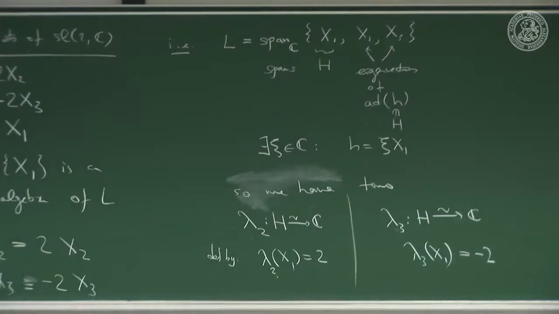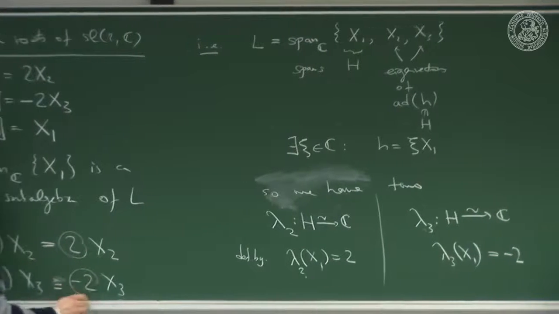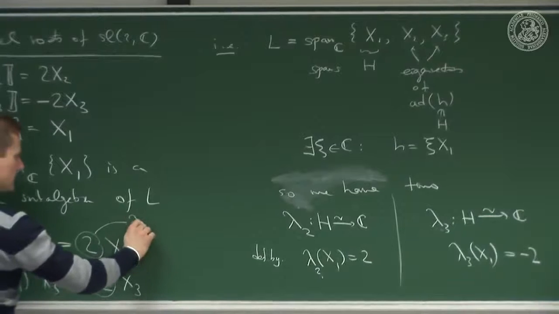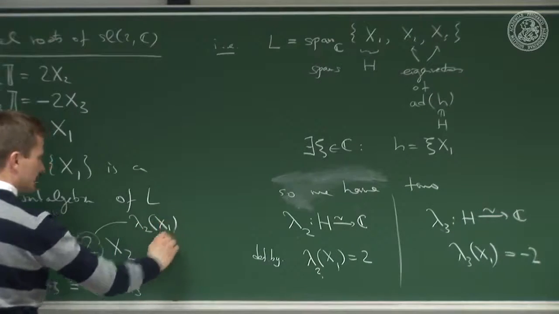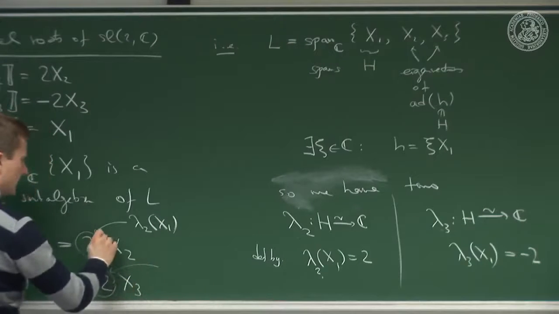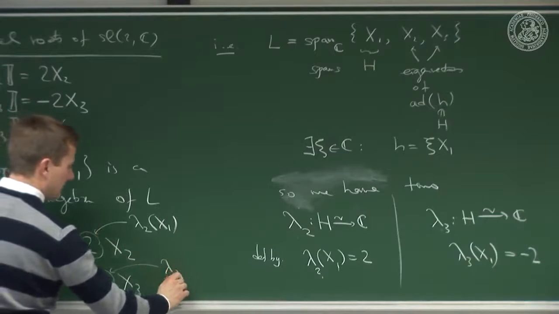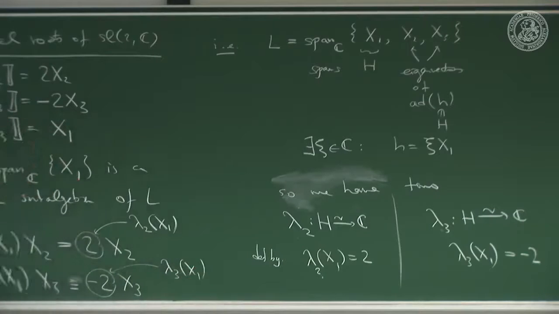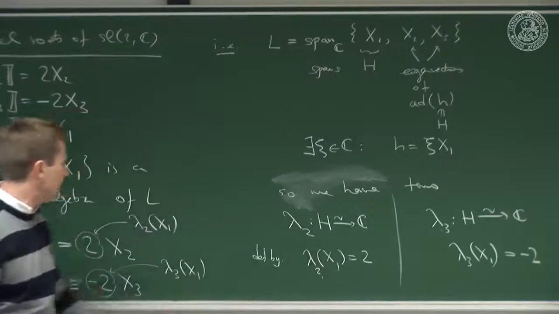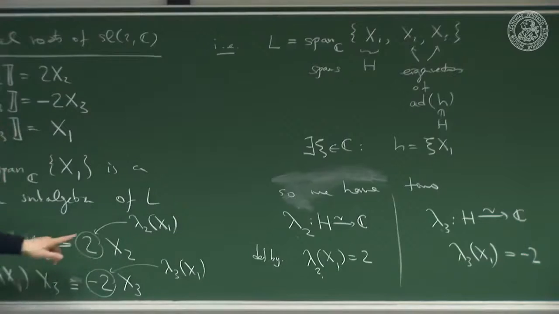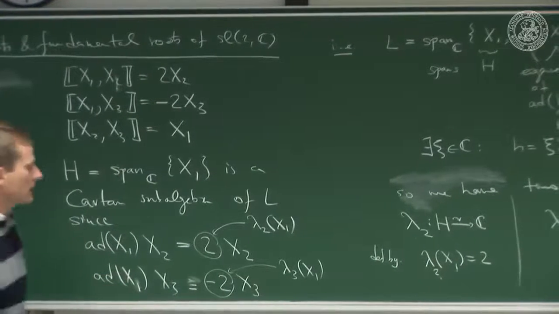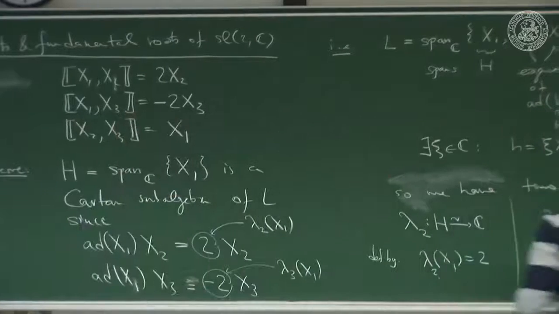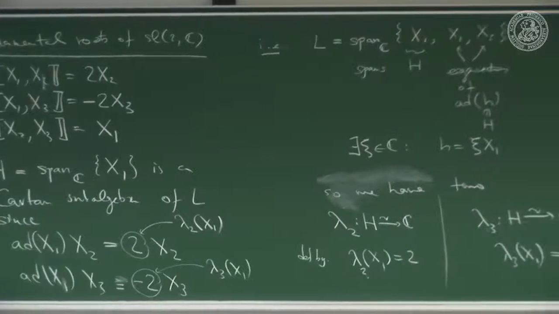So the 2 and minus 2 here we secretly, or not so secretly, think of as lambda 2 of x1 and lambda 3 of x1. It's the evaluation of these linear functionals at x1. Good. If you compare this to the general theory, you know why we do this.